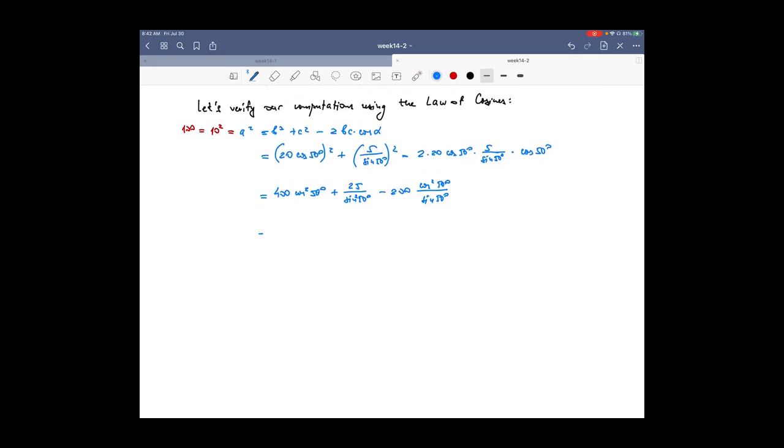Alright, now the common denominator is sine squared 50 degrees. And so we get 400 sine squared 50 degrees cosine squared 50 degrees plus 25 minus 200 sine 50 degrees cosine squared of 50 degrees.